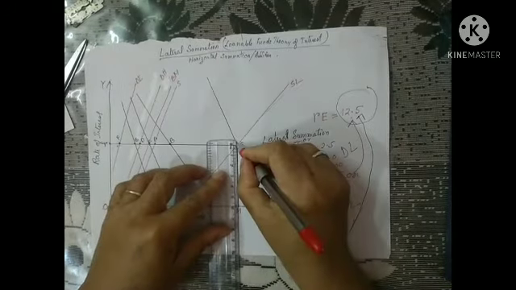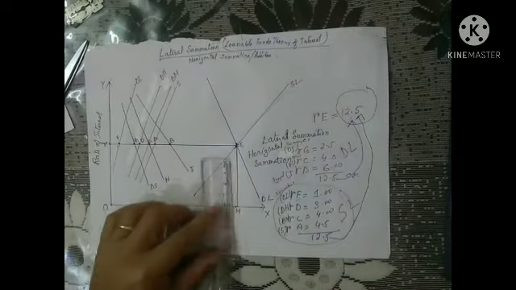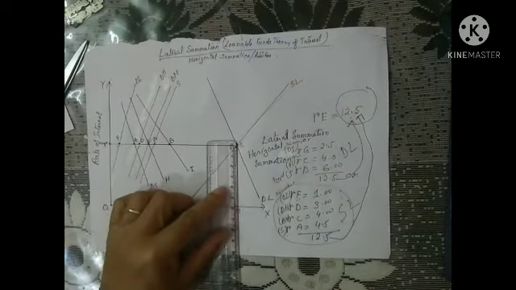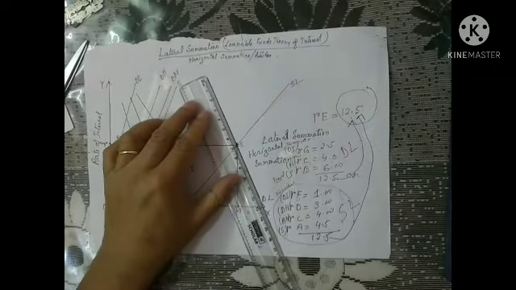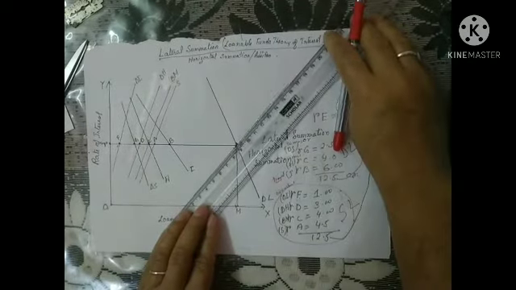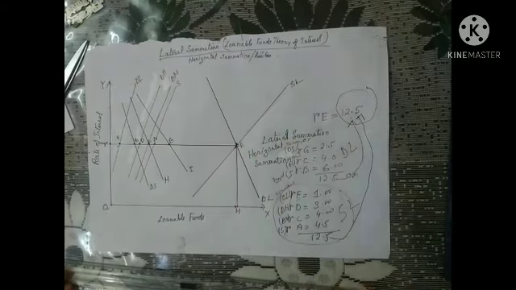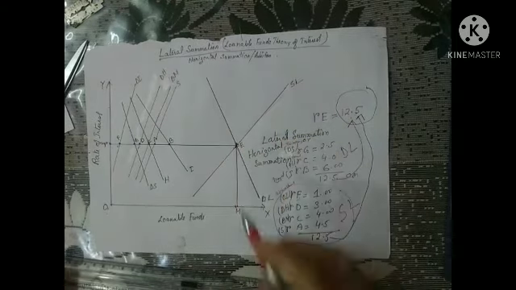Through this 6 centimeter you draw your DL curve, which is downward sloping, and your SL curve, which is upward sloping. DL and SL intersect each other at point E. Keep that in your mind.